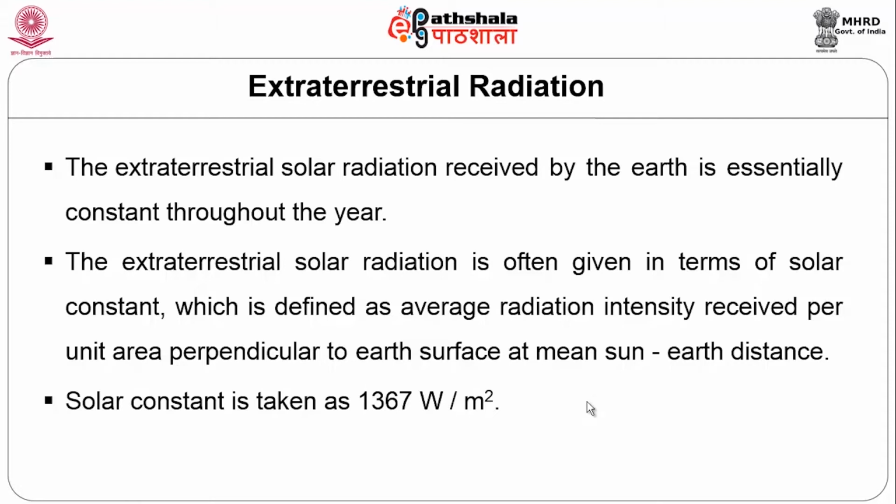It will never change. Above the atmosphere, in the region of extraterrestrial radiation, the solar radiation is constant everywhere on the globe, 1367 watt per meter square. It cannot exceed beyond this.